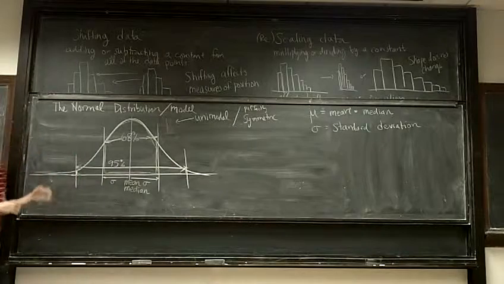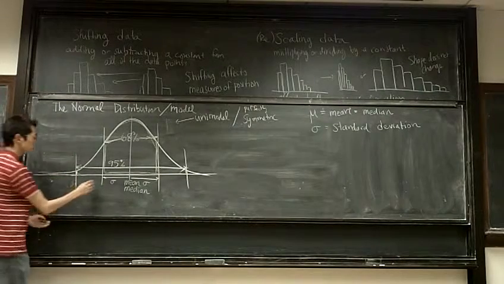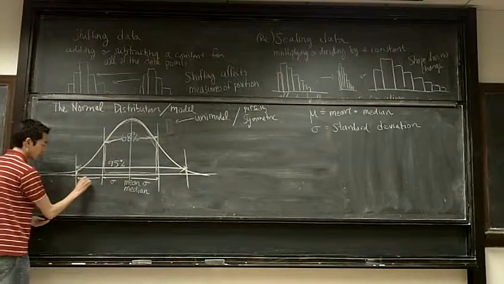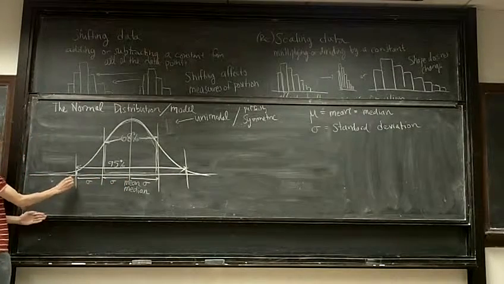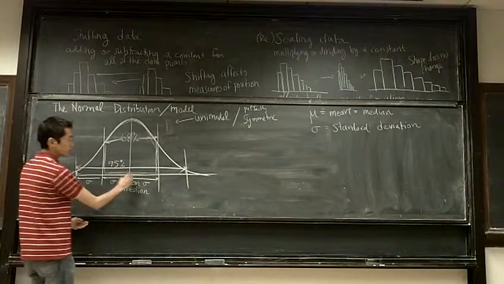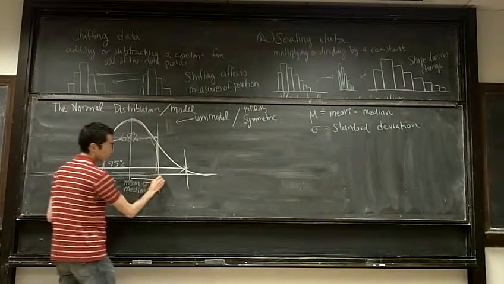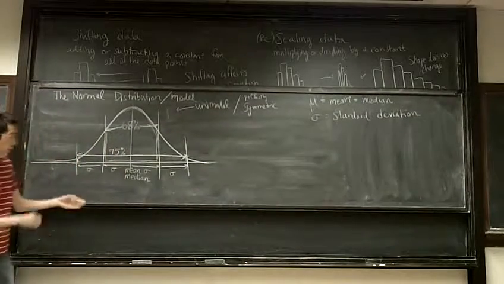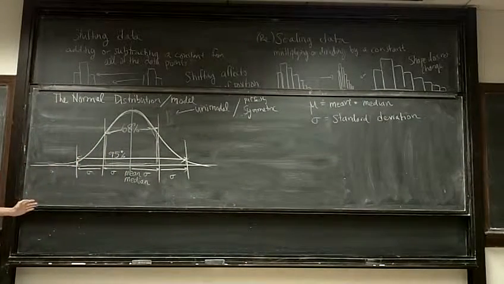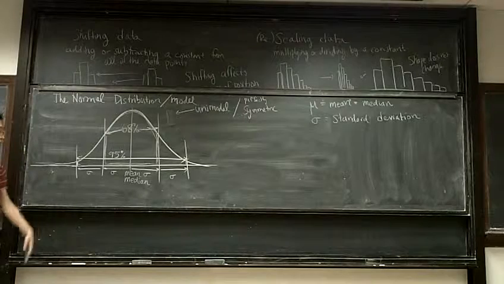So 95% of the data is contained within two standard deviations. So we've gone one standard deviation out, a second standard deviation out this direction. We go another standard deviation out this way, and another standard deviation out that way. So we go out two standard deviations in that direction. We contain about 95% of the data.